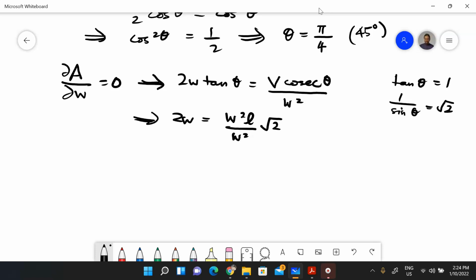That gives us W equals the length divided by square root 2.